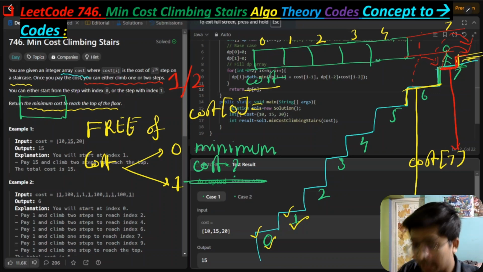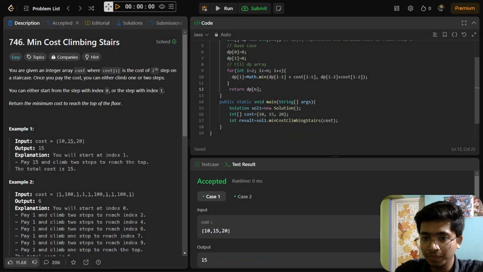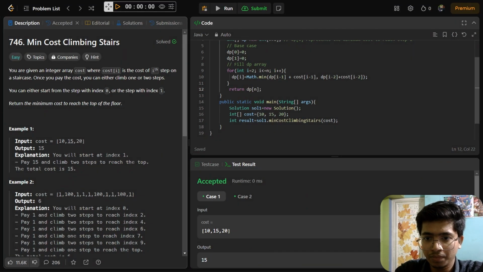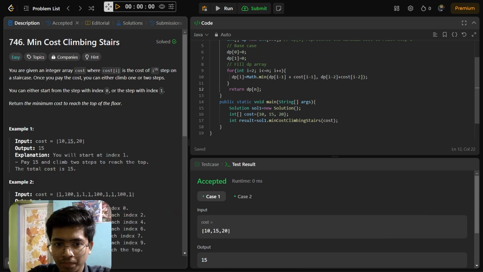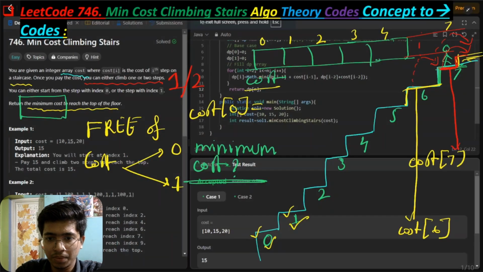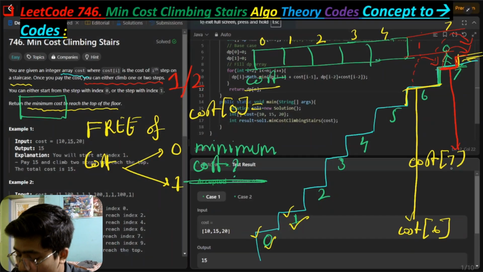Okay, so that is the cost that we have to pay, the cost of 6 and the cost of 7.